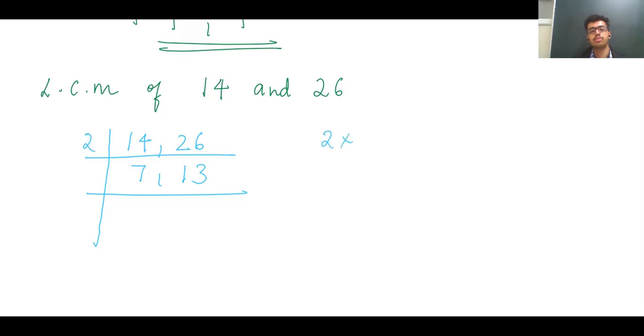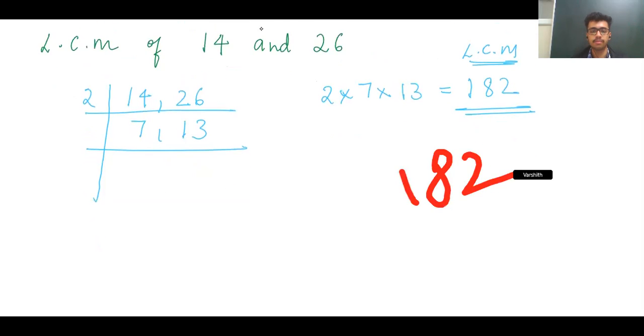So 2 into 7 into 13, that is equal to how much? 182. So this is the LCM of 14 and 26.